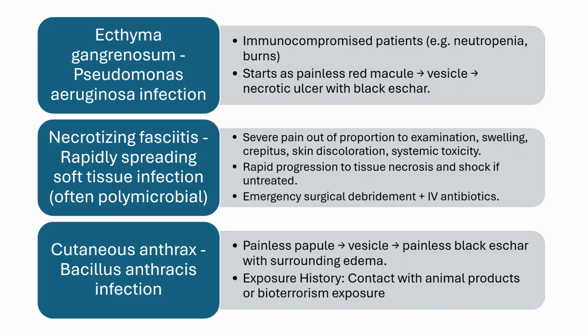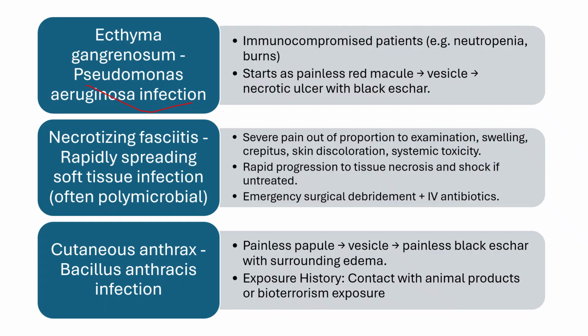Okay, let's see the other things we put in the question: ecthyma gangrenosum, necrotizing fasciitis, and cutaneous anthrax. How are they different and how do you rule out those conditions? Ecthyma gangrenosum is caused by Pseudomonas. It's infective, whereas pyoderma gangrenosum is non-infective, associated with IBD and rheumatoid arthritis.